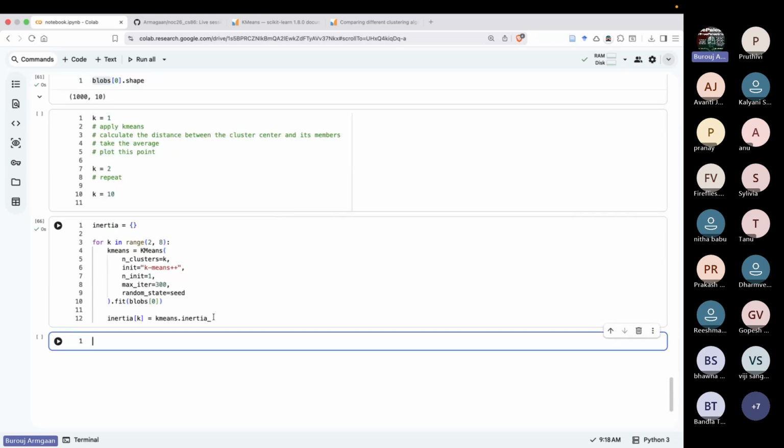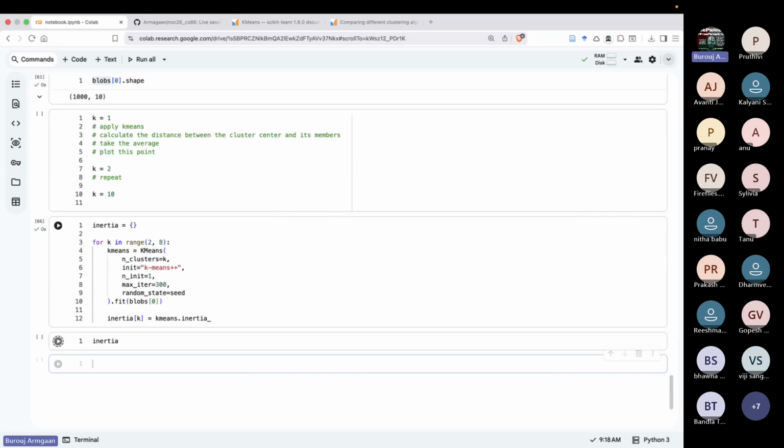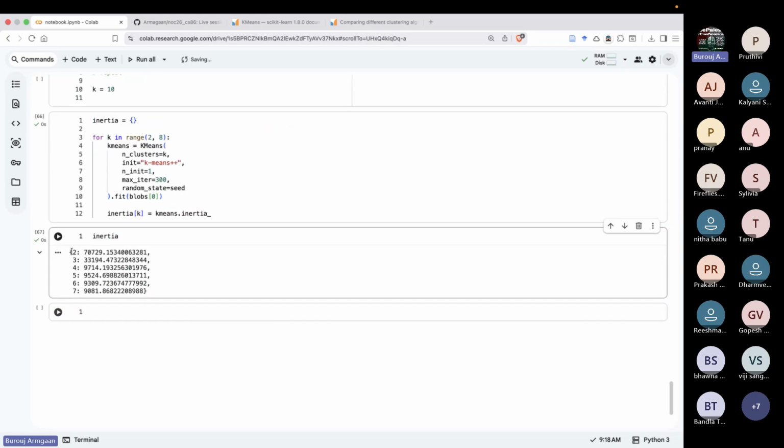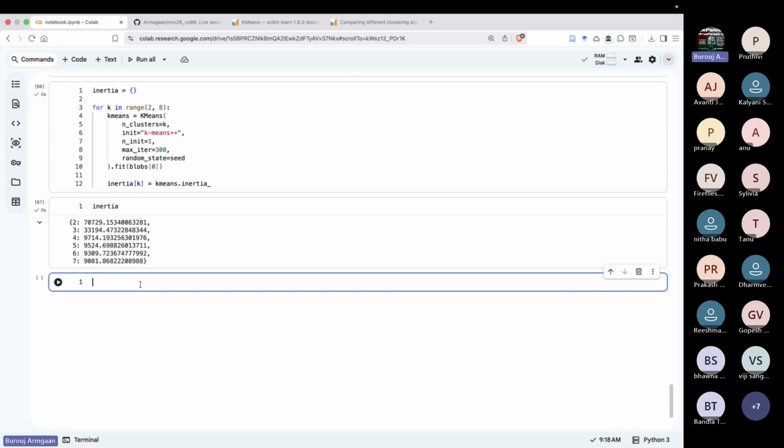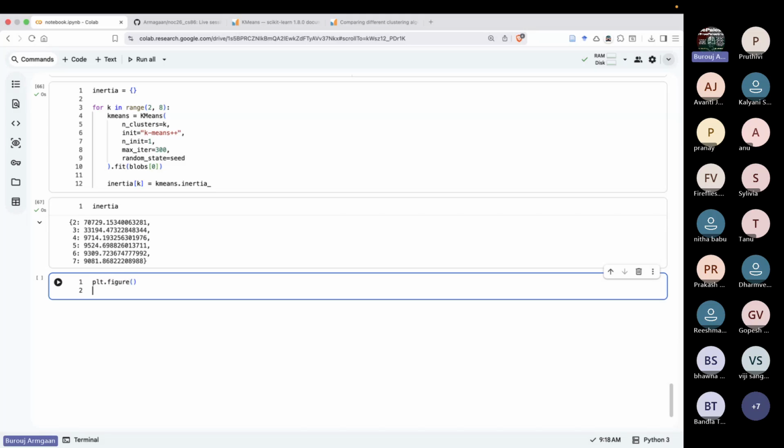So when we run this, if we print our inertia scores, we have this. When we use 2 clusters, our inertia was this much. When we use 3 clusters, the inertia was this much, and then it essentially changed. So let's see if we can plot this. We have plt.figure, plt.plot, keys, inertia values.